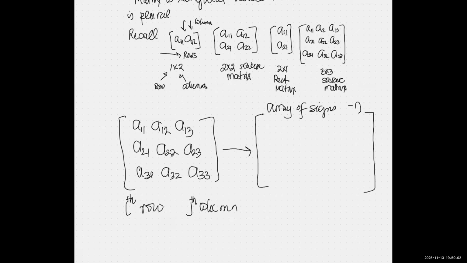The array of signs is -1 raised to the ith row plus the jth column.